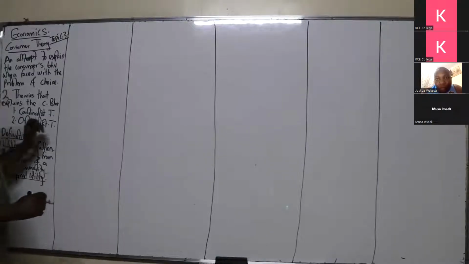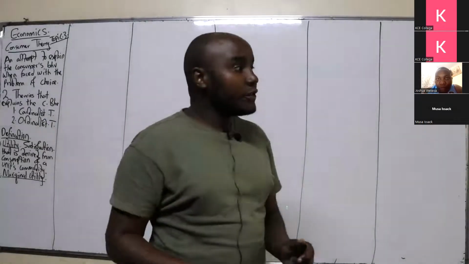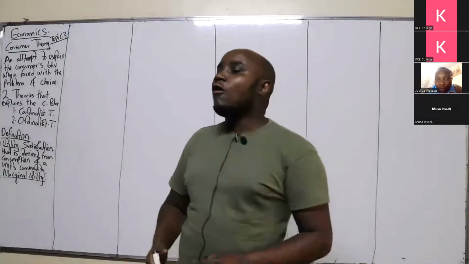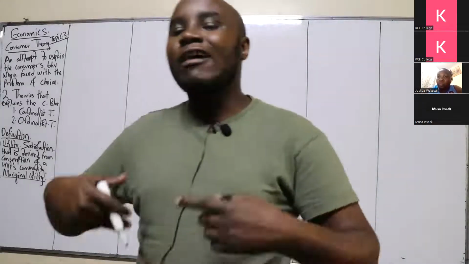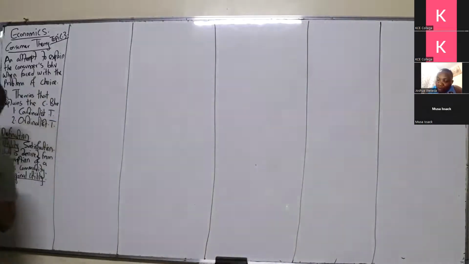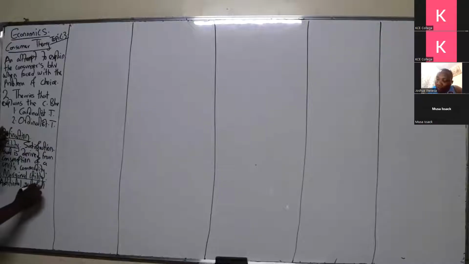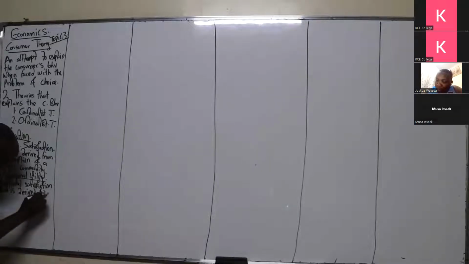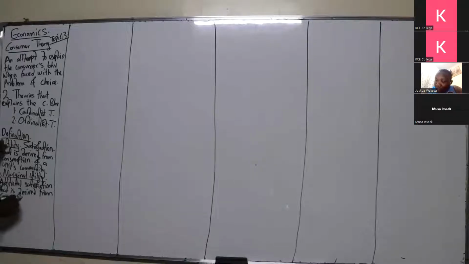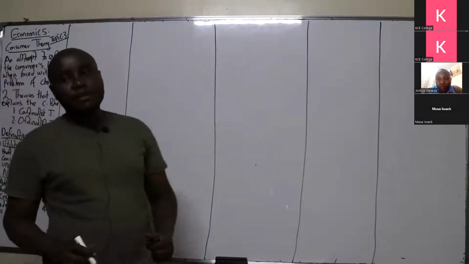When you're talking about the marginal utility, this is the additional satisfaction that is derived from consumption of an additional or an extra unit of a commodity. Right together? Yes.